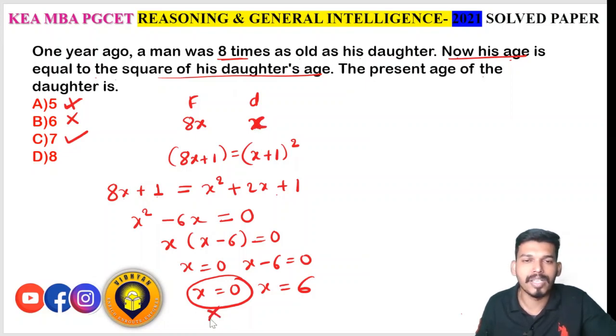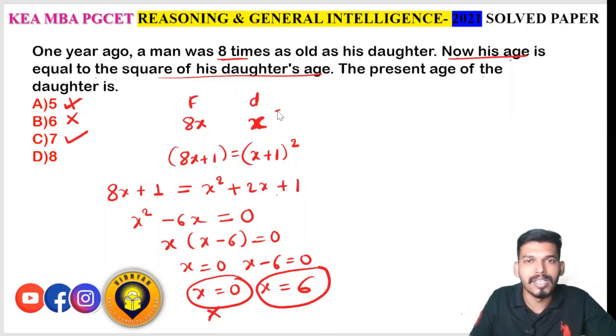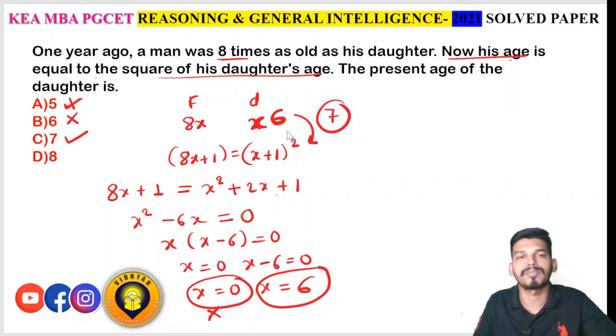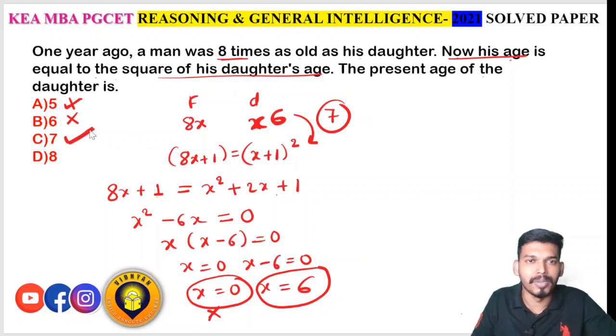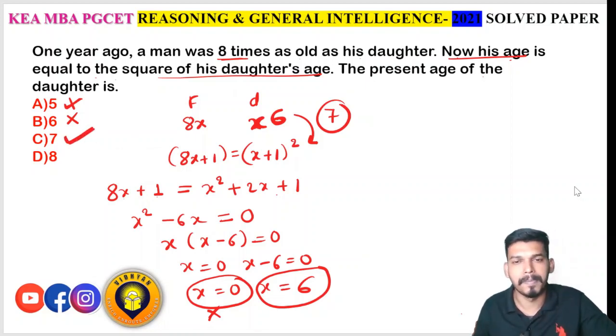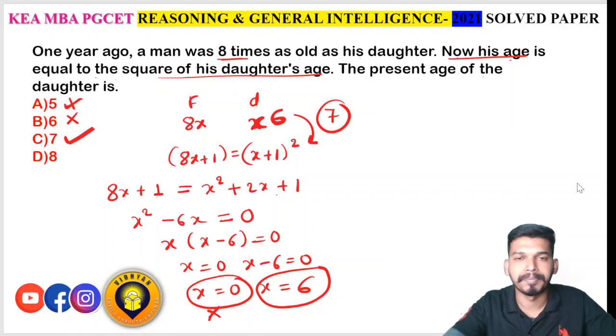So you cannot place x equal to 0. Therefore x is equal to 6. So that means 1 year ago the daughter's age was 6 years. Then the present age of the daughter is x plus 1, that is 7 years, which is correct. So 7 years is the answer, right?